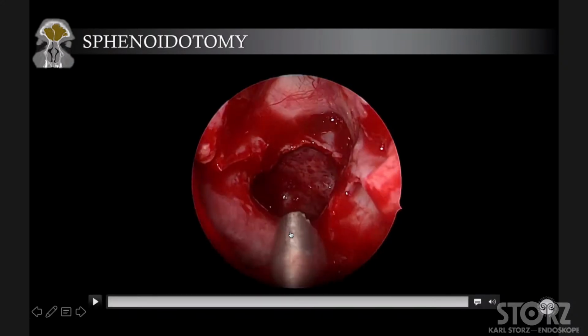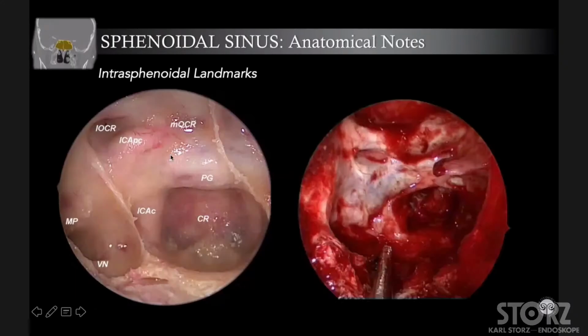This is our intrasphenoidal landmark. And you can see what to be observed inside of the sphenoid. From lateral to medial, median nerve running at the level of the basis sphenoid on the floor of the sphenoid. The second branch of a trigeminal nerve, it is also called V2, running at the level of the roof of the lateral recess of the sphenoid.